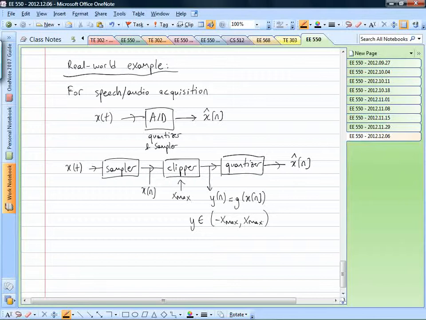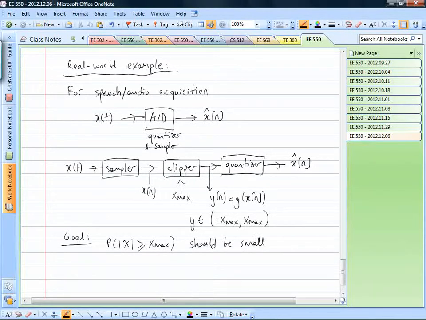So what is the goal here? Of course we don't want to clip unnecessarily, right? So we want to determine what the clipping value should be, so that the clipping probability is small.